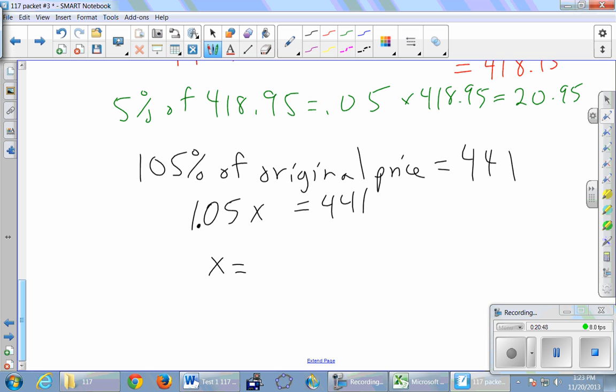What do we do to both sides? Divide. What do we get? 463 is too big. It's got to be smaller than 441. 420 even? Okay. Good.